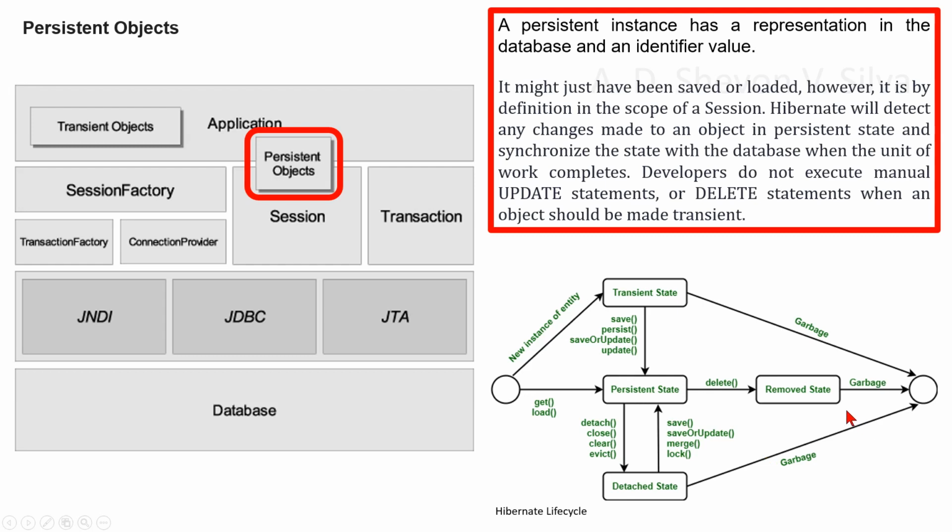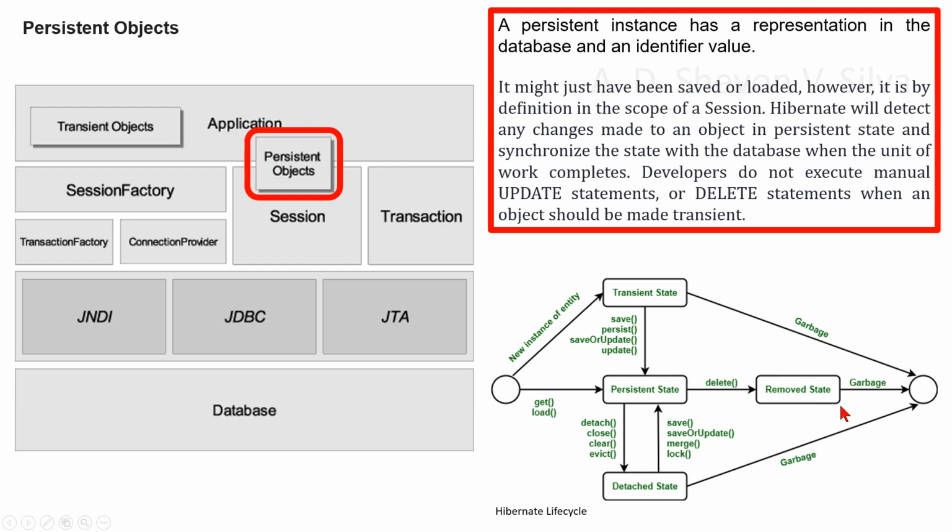Removed state. In the Hibernate life cycle, it is the last state. When the entity object is deleted from the database, then the entity object is known to be in the removed state.